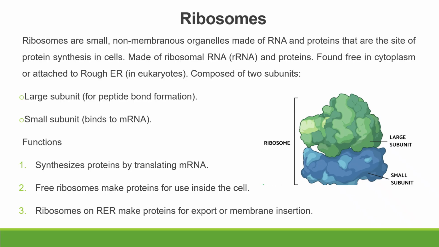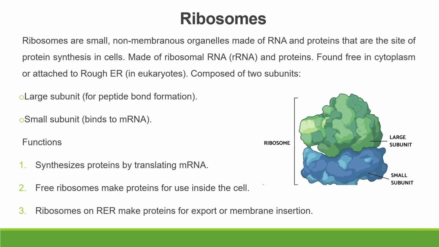And of course, the ribosomes are present not only on the surface of the endoplasmic reticulum, but also in the cytoplasm, where you can see the free ribosomes. They make proteins for the cell's own use.